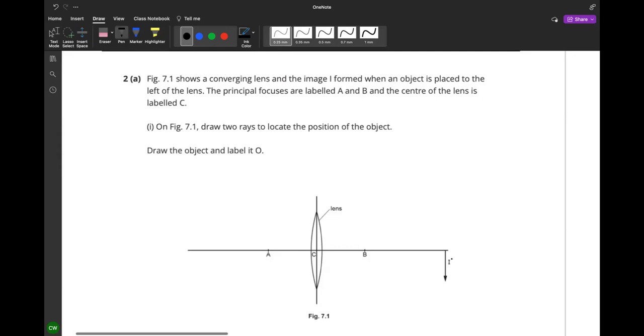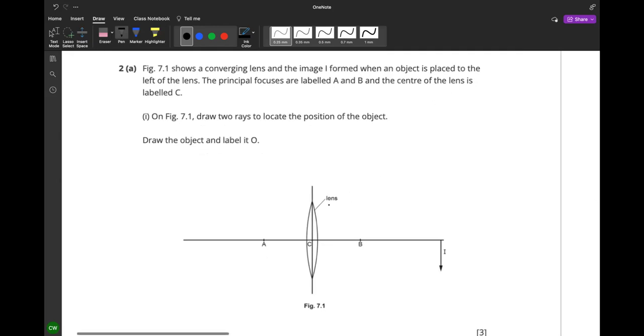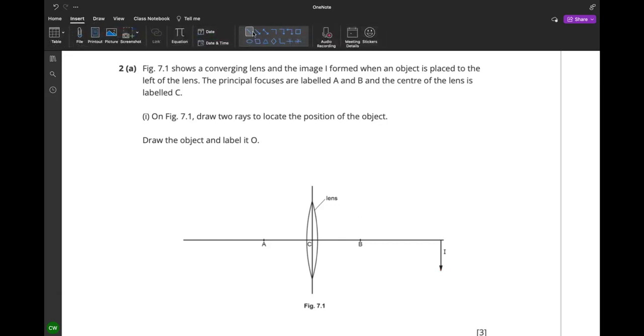The lens, the image I, and then we need to find the O. So how do you find? How to draw? First, we need to join from here and then go backward, right?